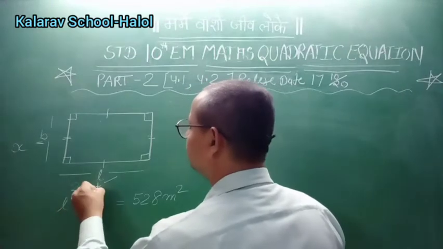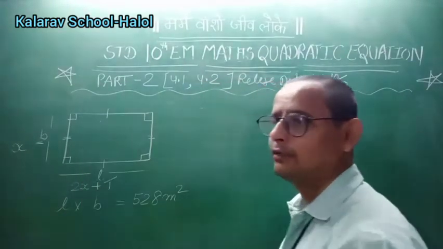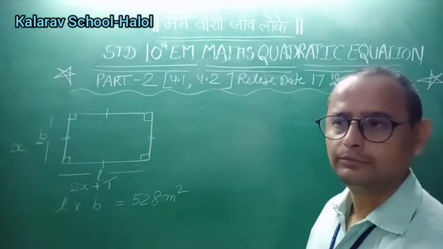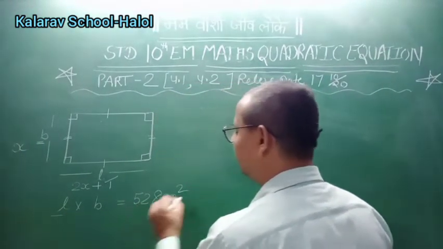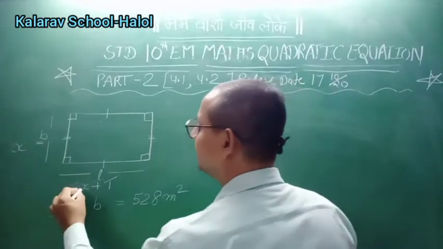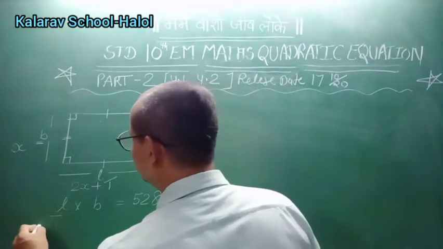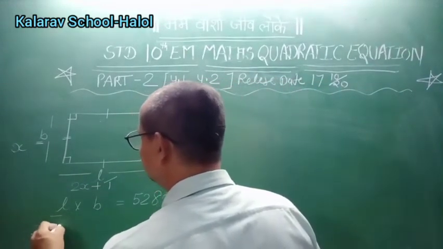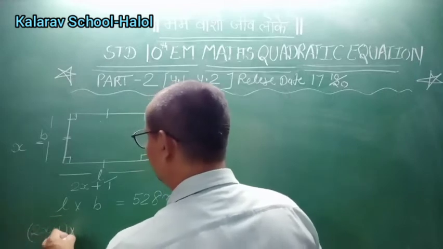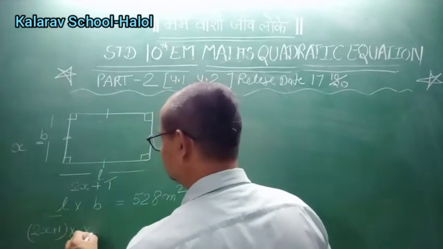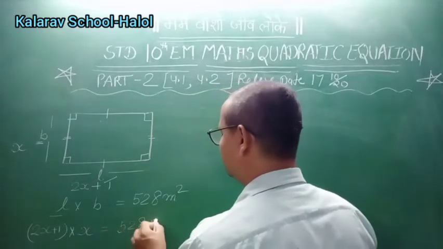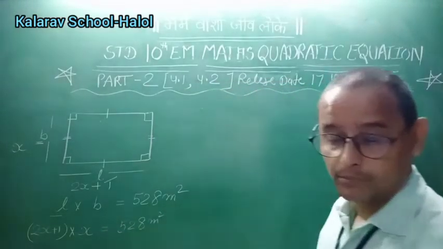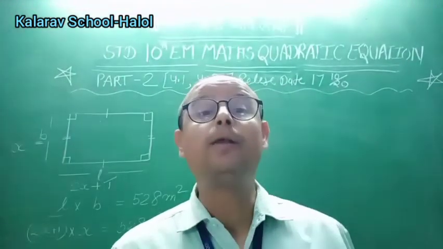And length is 1 more than that, so 2x plus 1. What is formula? Length into breadth equal to area. So what is length? Just now you assumed 2x plus 1. And what is breadth? That is x. Equal to 528 meter square.